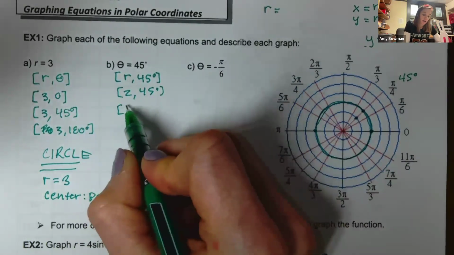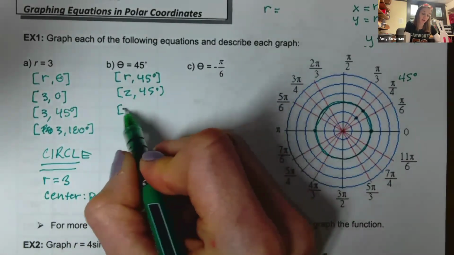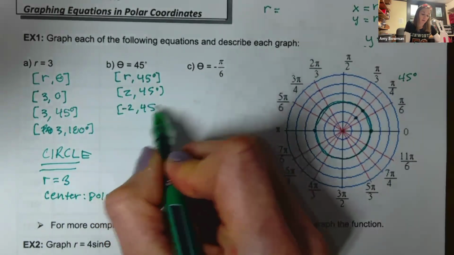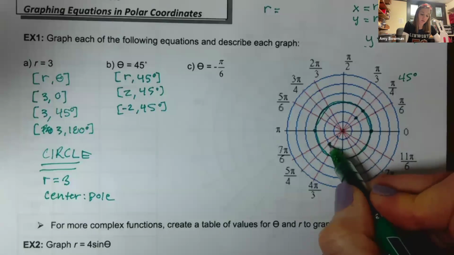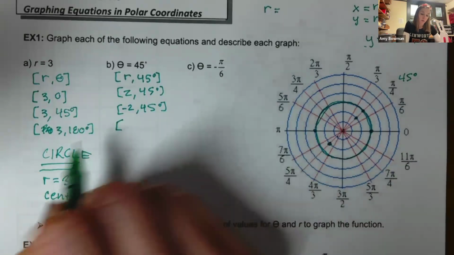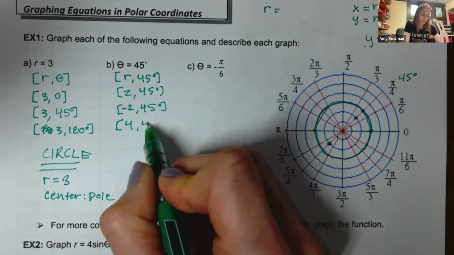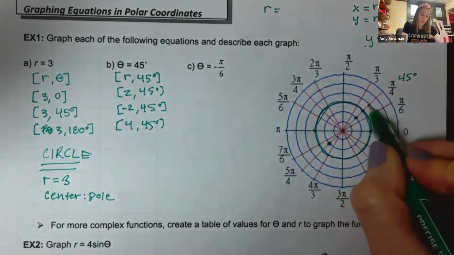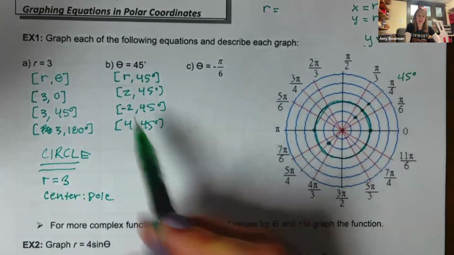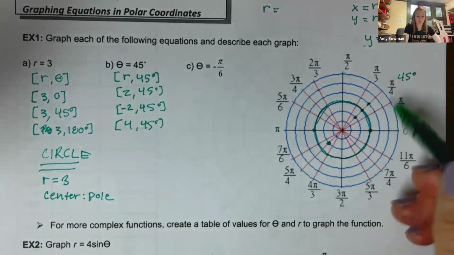R could be -2, 45. That means facing the 45, but going backwards, 1, 2. R could be 4. Theta is still 45. I'm hoping it's starting to click what type of graph theta equals 45 degrees is going to produce.